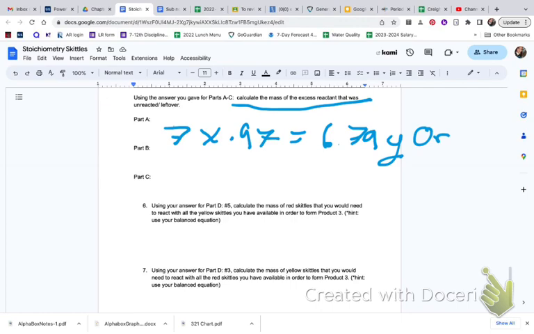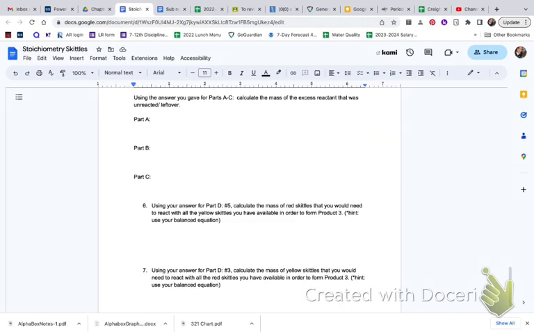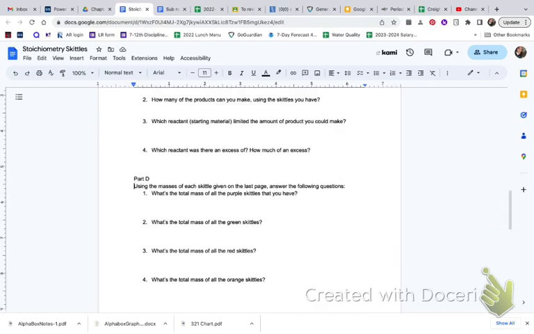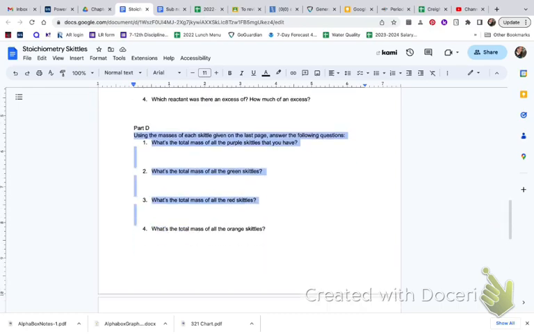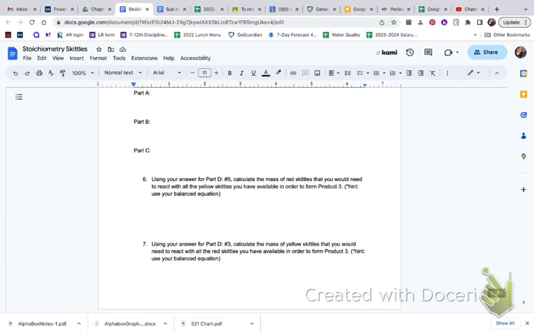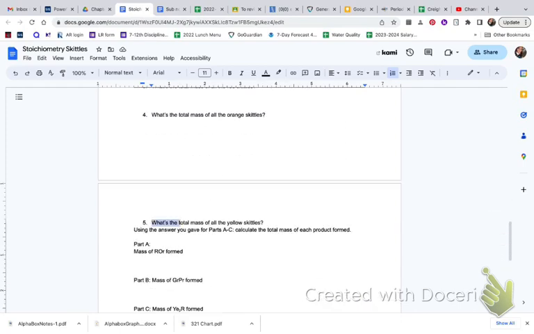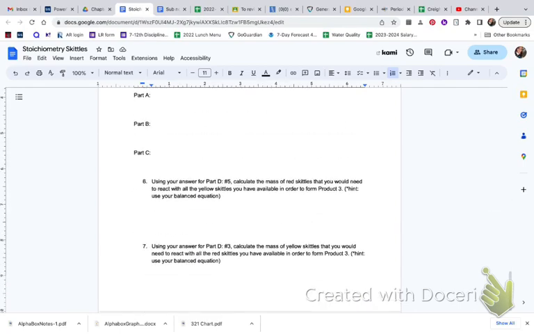The last thing they want you to do is go back to part D, which I don't think is labeled part D, which might be something that caused the confusion. So if we go back up to part D, which is this right here, where we're giving total grams of each, okay, they want you to use your answer for part D, number 5, okay, which is total mass of all the yellow Skittles, okay?